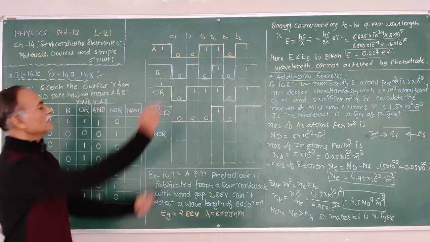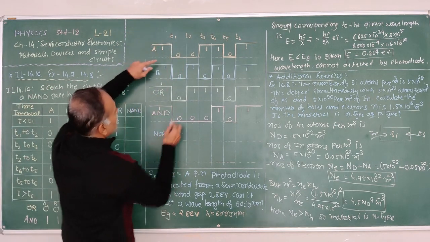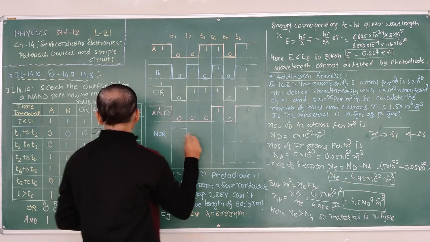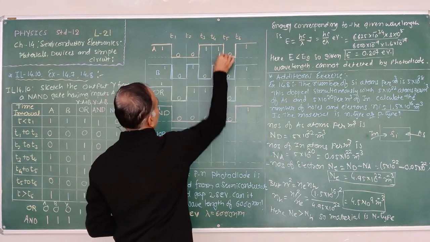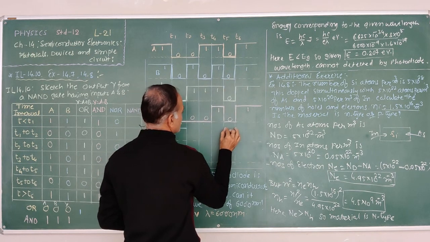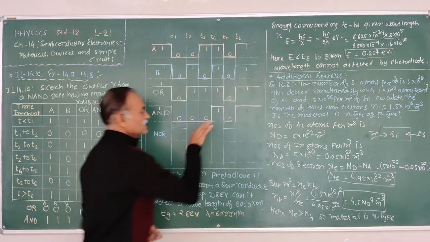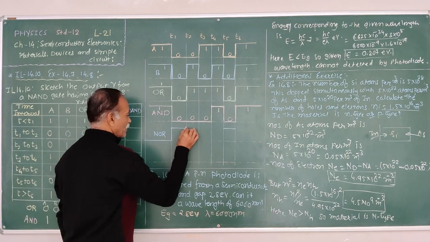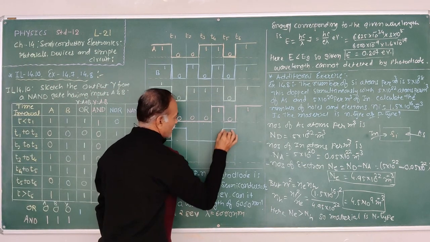Now here we do the waveform 1, 1, 1. Here 0, 0, that is the 1. 0, 0, that is the 1. Here again 0, 0, that is the 1. Otherwise 0. So that is the waveform of the NOR gate.